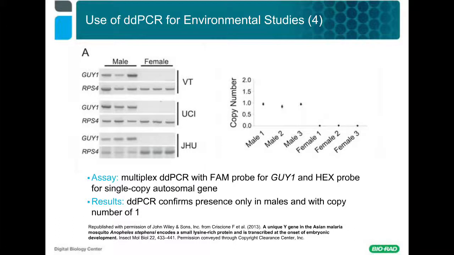What was found in this article was that digital PCR provided excellent interpretation of the data. As you can see here, the 3 male samples all came out at a copy number of 1 for the GUY1 gene, and the female samples came out at nothing. Digital PCR, therefore, was determined to be a useful method for study of mosquitoes and their genetics.